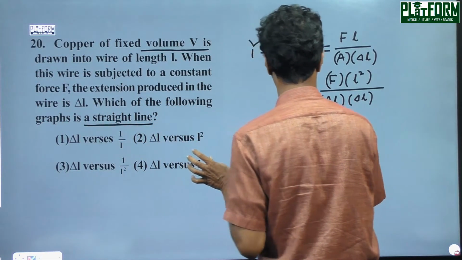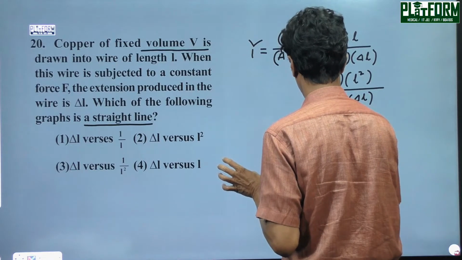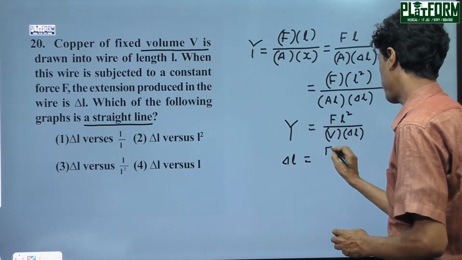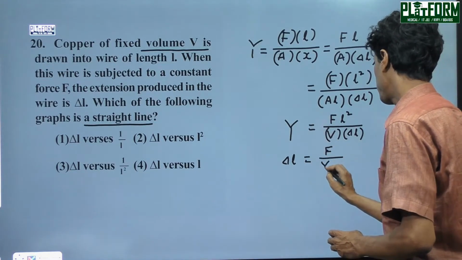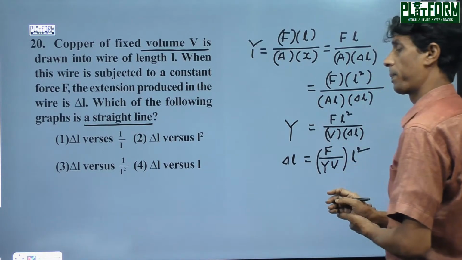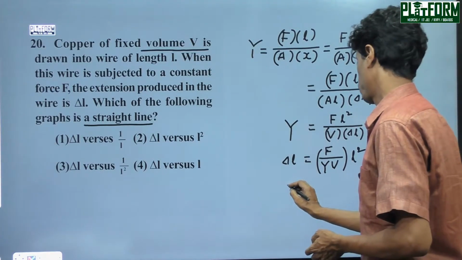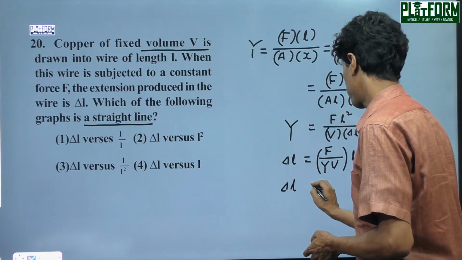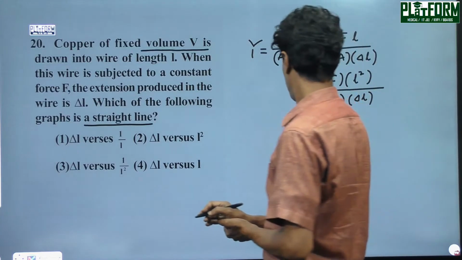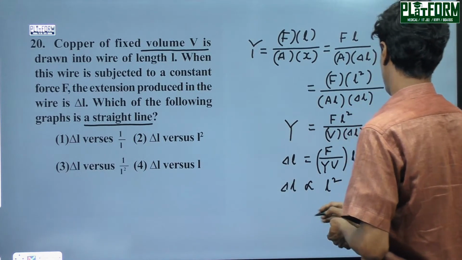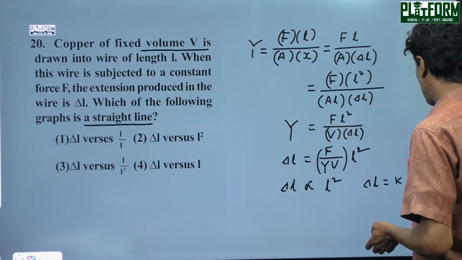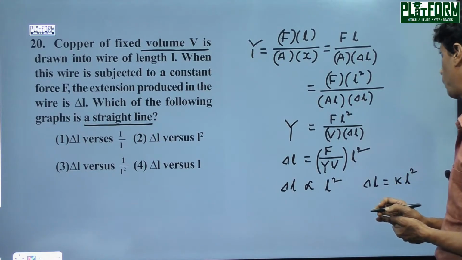You know, del L, that is the extension of the wire, is equal to F by Y into V into L square. So here we can say the extension of the wire is directly proportional to L square. So del L is equal to K L square, where K is a constant.